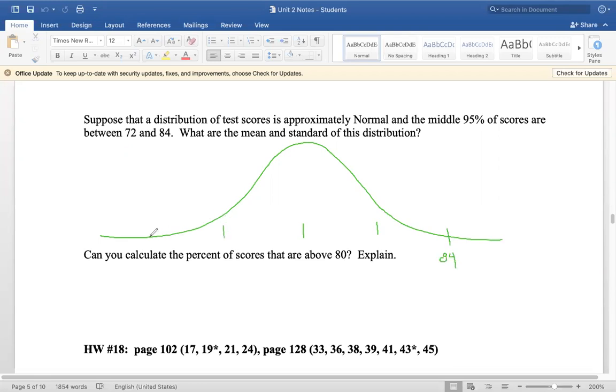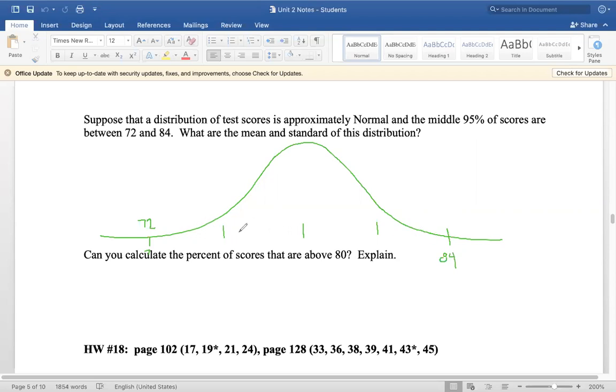So 1 and 2. So now the question is, what is going to be the mean and standard deviation? We know that this distribution is normal, because it says it's approximately normal, so everything's going to be spread out equally.